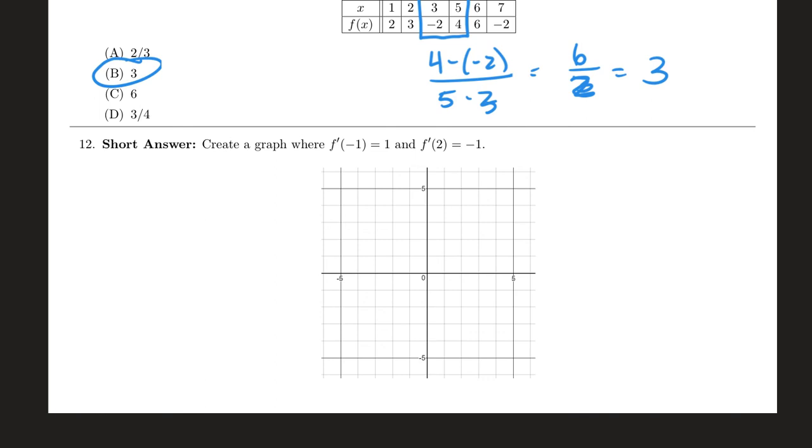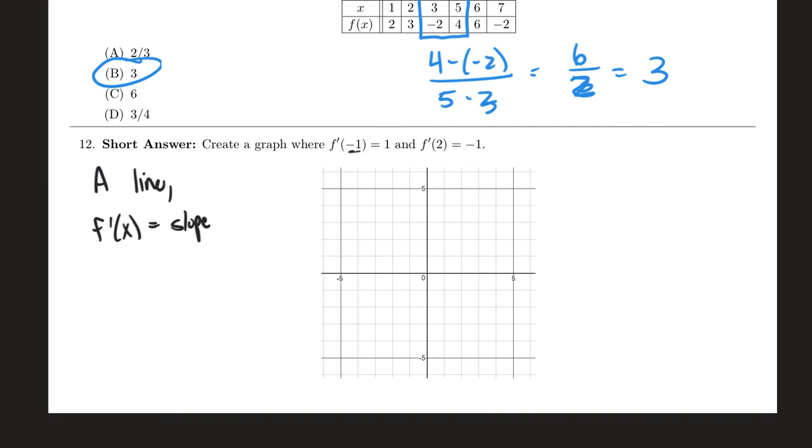Number 12, you're creating your own graph. You want the derivative at -1 to be 1, and the derivative at 2 to be -1. There are a lot of ways you could do this graph, but I'm going to try to do it in the simplest way possible. We know for a line, f prime of x is just equal to the slope of that line.